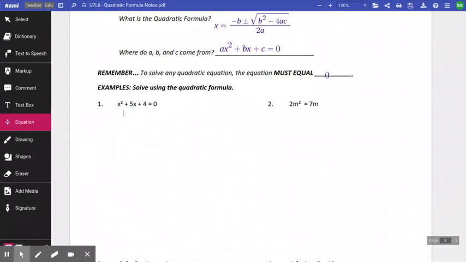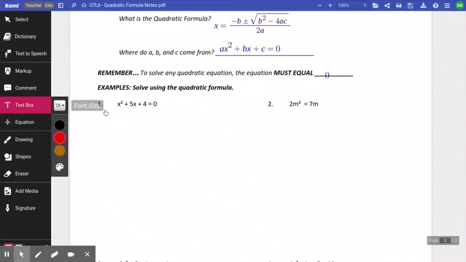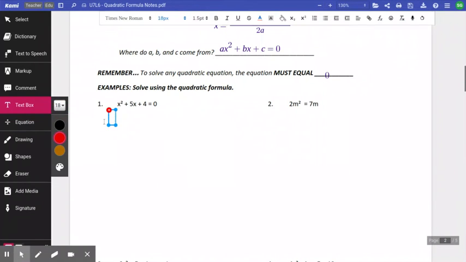Since it's already equal to 0, I'm going to go ahead and start by identifying A, B, and C. A is always the number in front of x squared. So in this case, that is the number 1. B is then going to be the number 5. And then C is the number 4. So I'm just using 1, 5, and 4.